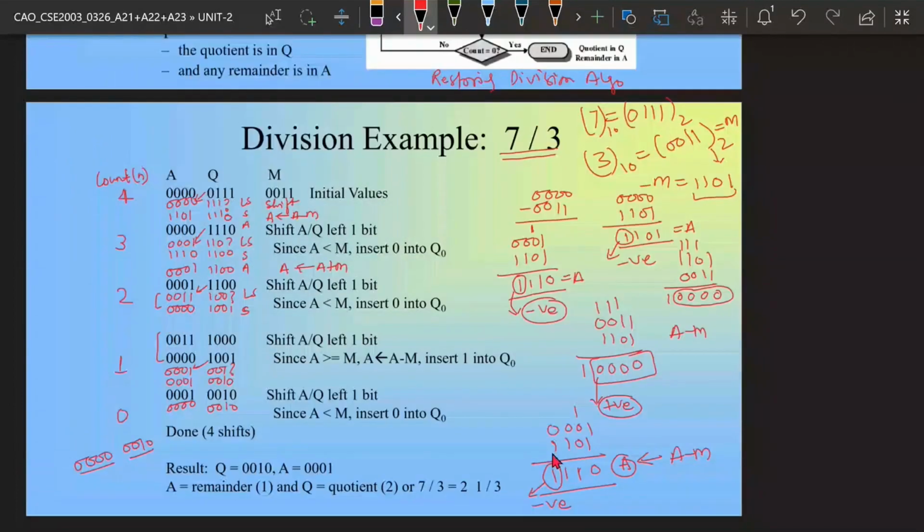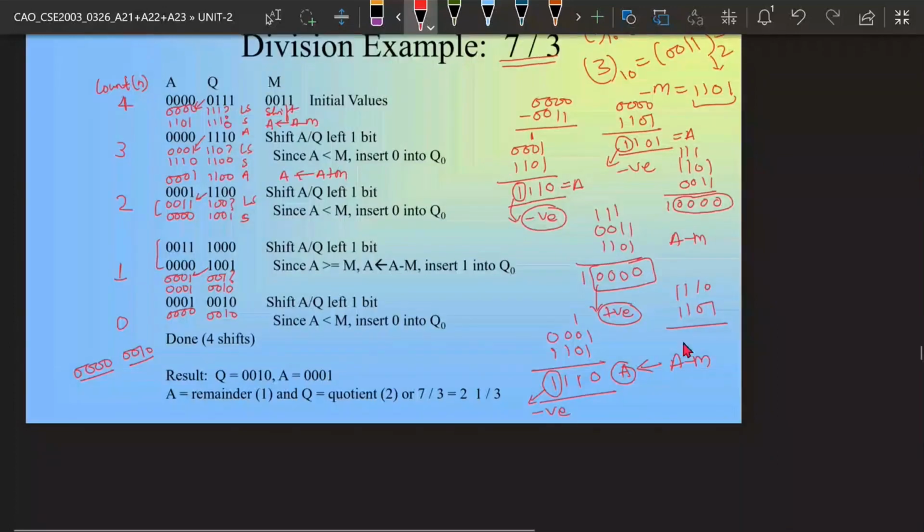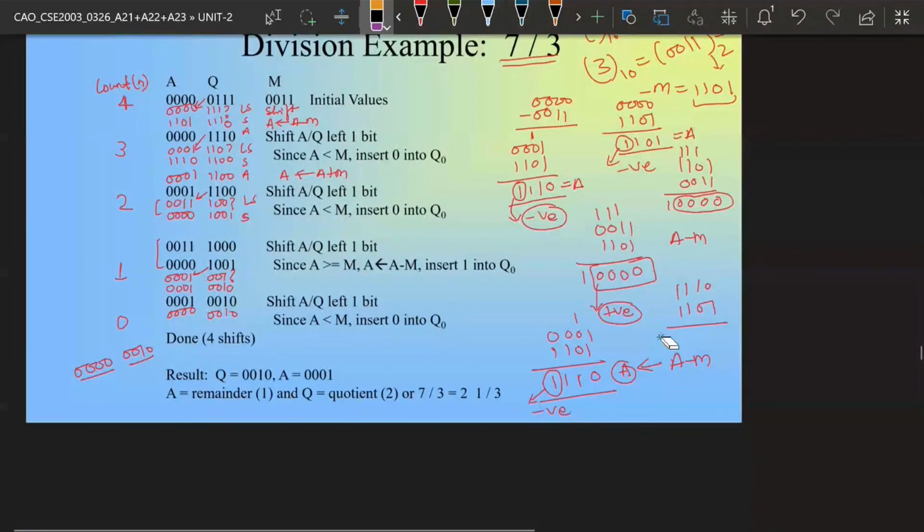Once Q naught is equal to 0, we should be performing the restoring. Once we add the value, 1, 1 is 1, 1, 1 is 1, 1 is 0, 0, with the carry.